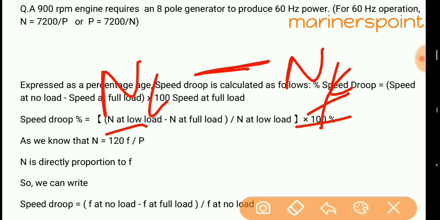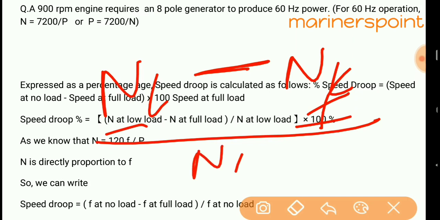No load and full load, and what will be in the denominator? We always calculate speed droop from a baseline, and our baseline is speed at no load. When you start the generator, at that time there is no load, that means speed at no load.